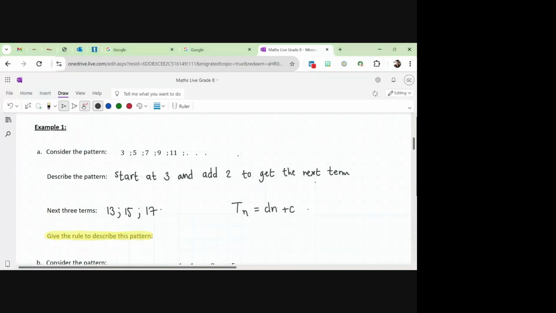If we look at what we've got over here, number 3 is the very first number that we have. We call this number T1. What T1 stands for is term 1. Now, what term 1 means is that we are looking for the number sitting in the first position.